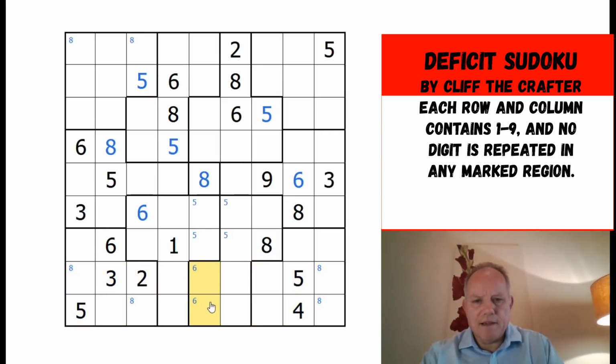One of them is here, but the other one now can't be here. It can't be here because of this 6. Can't be in any of those because of this 6. So it's in this box. But I don't know which column it's in out of these two.